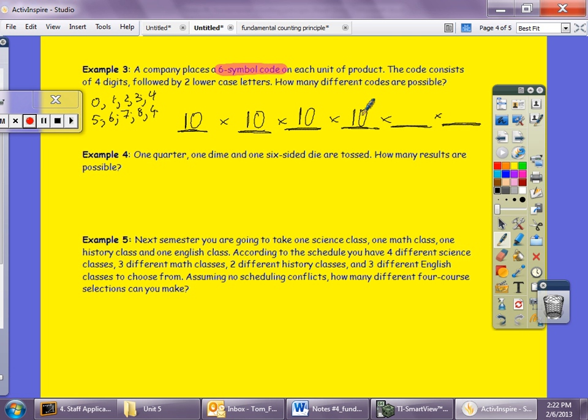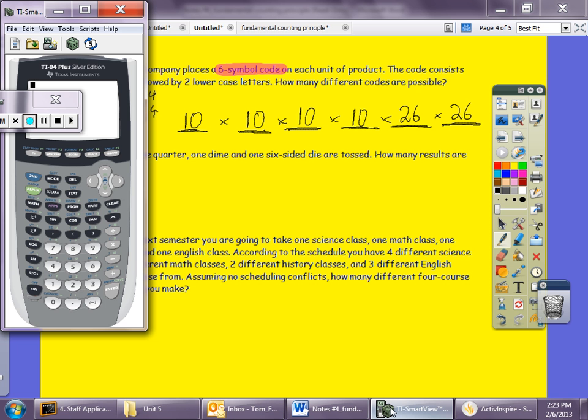Now, followed by 2 lowercase letters, well, we know that there's 26 letters in the alphabet, so we have 26 choices. So for this symbol code, it's 10 times 10 times 10 times 10.